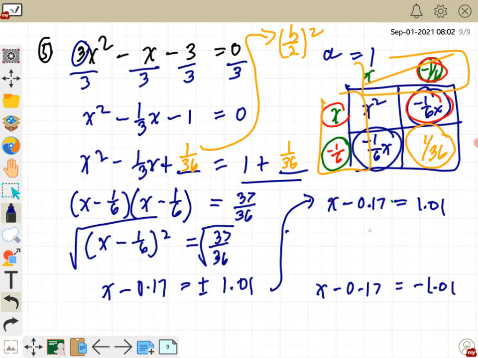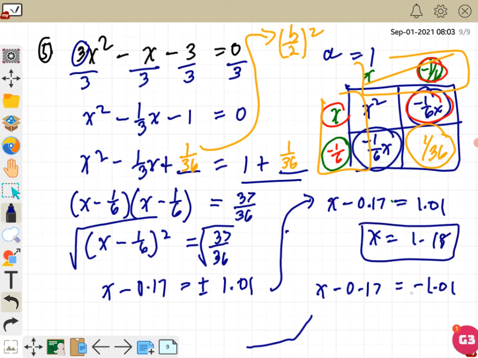Okay, solving for x, adding 0.17 to both sides, we will have 1.18.